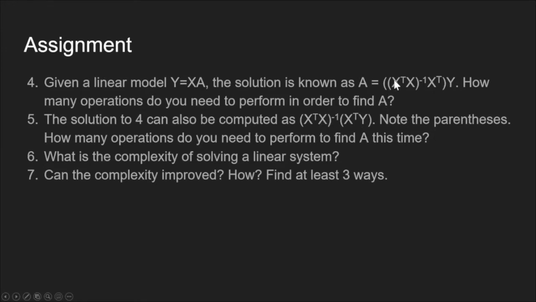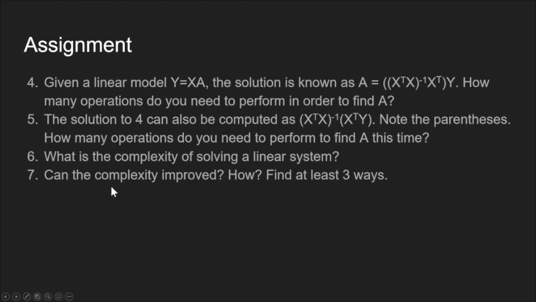And if you compare the number of operations required for the formula in question 4 and the formula in question 5, you will notice there is quite a bit of difference. Spoiler alert, the conclusion is the formula in question 5 is much faster. So you're going to need to prove that.